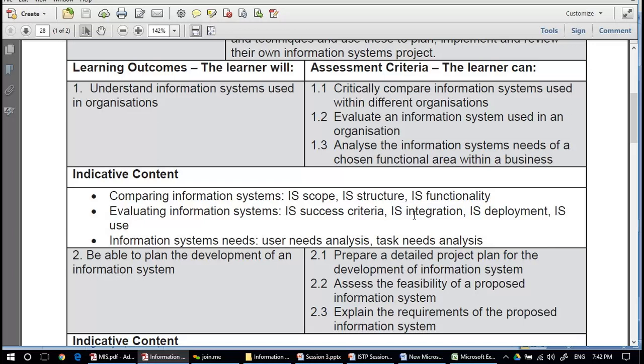Everything is assessed regarding the criteria. If integration is done very well, deployment is done very well, and it is used very well, then you can evaluate the system's effectiveness. If it is done well, then you have done your task.